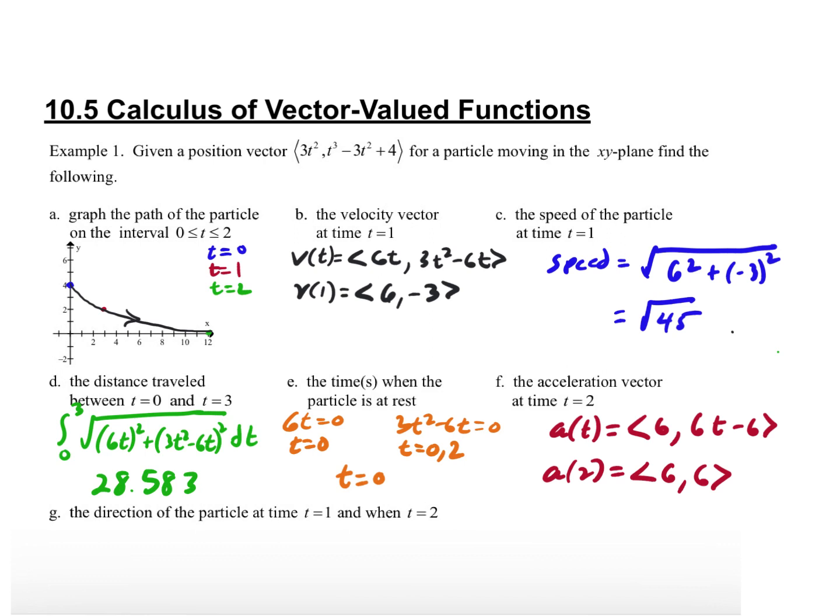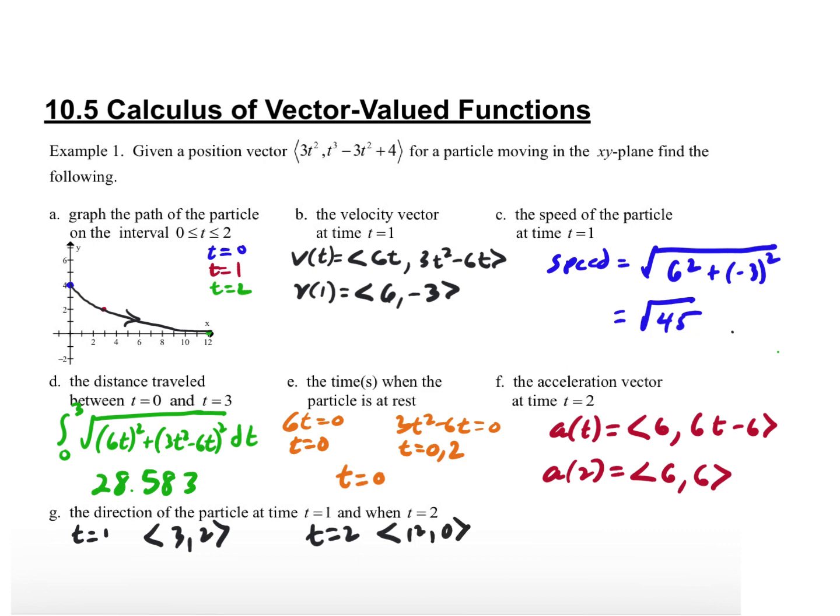Squeeze this in there. So at time 1, we know that the position is 3, 2. And then at time 2, we know that the position is 12, 0.